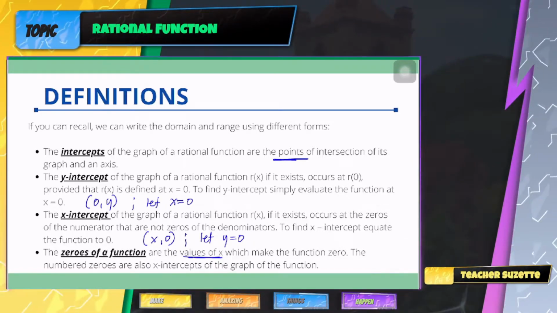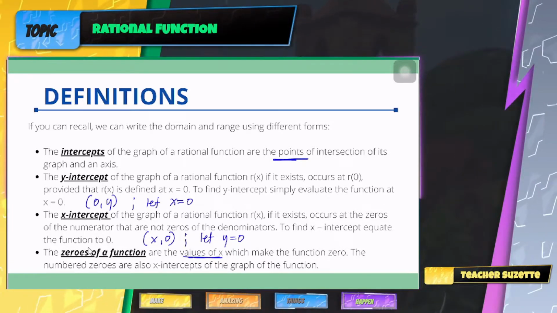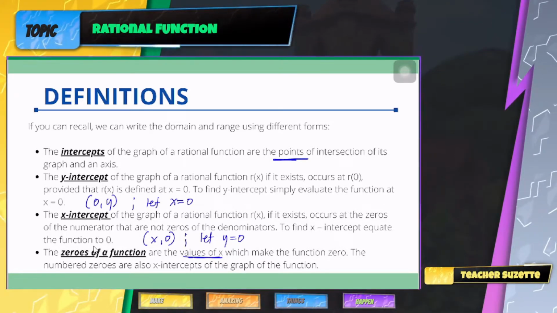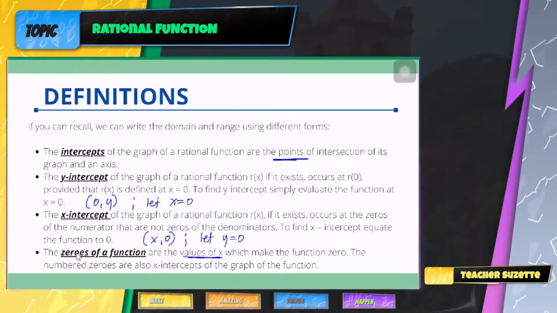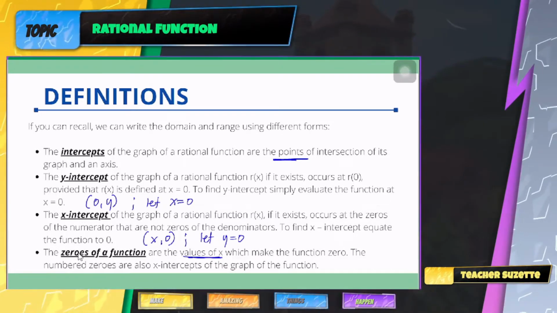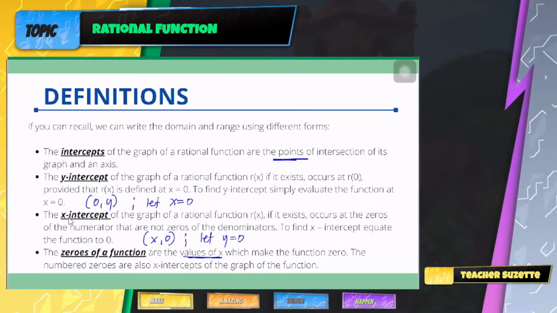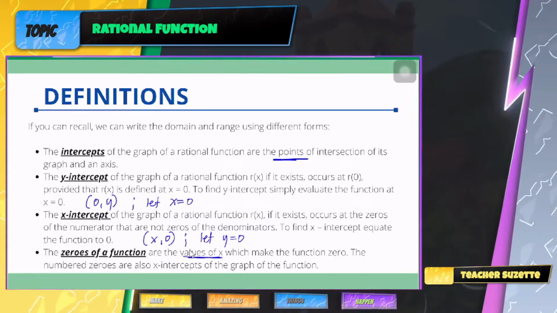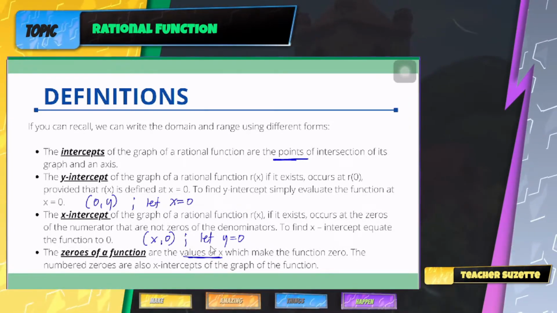That is why we are familiar with the idea that when you talk about x-intercepts, you also talk about the zeros of the function. However, x-intercepts are expressed as an ordered pair, while zeros are expressed as the values of x.